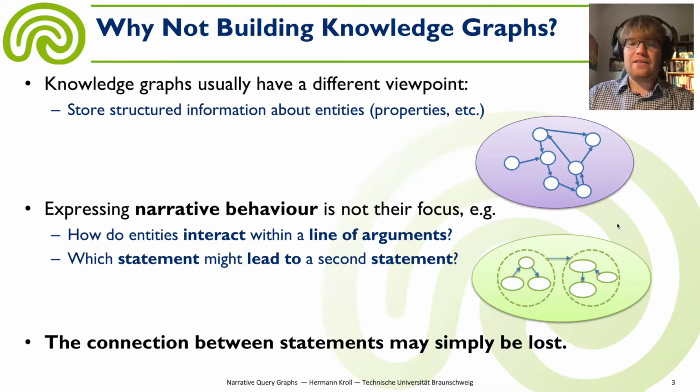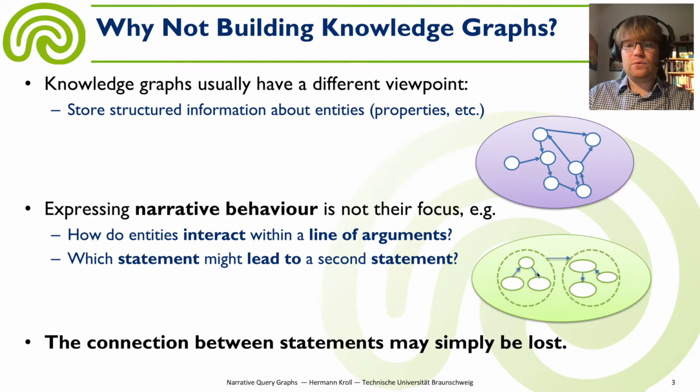And I really like this image on the right side here. A knowledge graph might be seen as entities which interact with each other, and we see narrative information as one big scope. So the green scope here, this could be one document, and in this document information is happening.